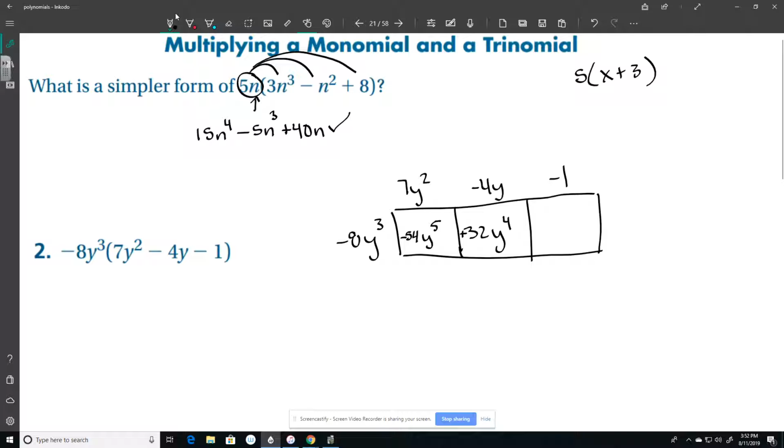Negative 8 times negative 1 is positive 8. And we're left with y cubed. And then you just write it out. Negative 56y to the 5th plus 32y to the 4th plus 8y cubed. You can do it this way and just distribute and do a little bit of it in your head. If you like to write out the box, you're more than welcome to do it that way. We'll see this box come back in a week or two.